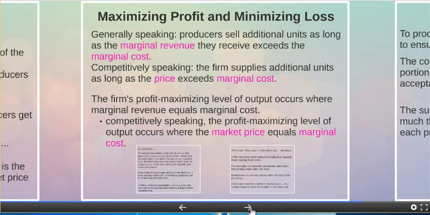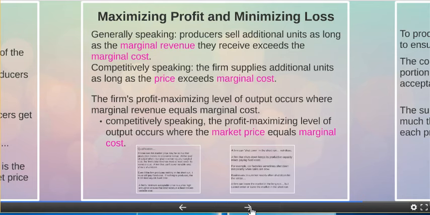Maximizing profit and minimizing loss. Generally speaking, producers sell additional units as long as the marginal revenue they receive exceeds the marginal cost. Okay, we just did marginal revenue last slide. The marginal benefit that producers get from supplying another unit is the marginal revenue they receive.